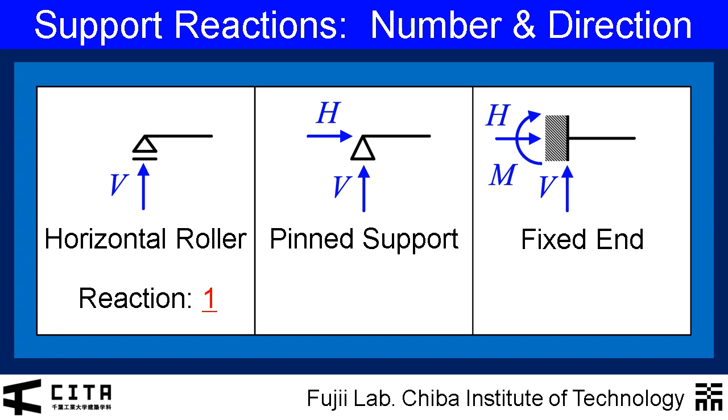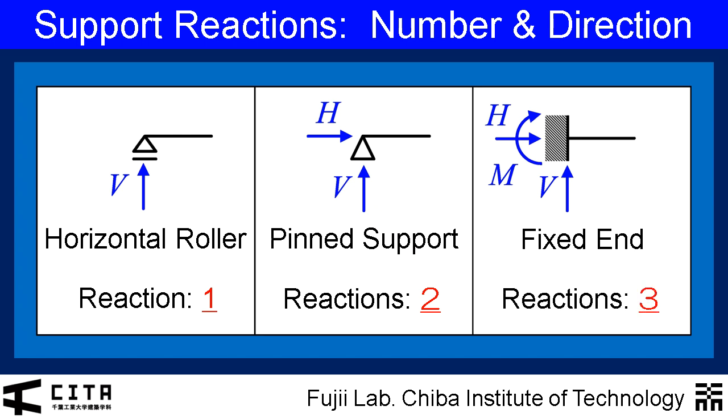For the horizontal roller on the left, there is only one reaction, a vertical reaction V. For the pin support in the middle, there are two reactions, a horizontal reaction H and a vertical reaction V. For the fixed end on the right, there are three reactions, a horizontal reaction H, a vertical reaction V, and a moment reaction M.